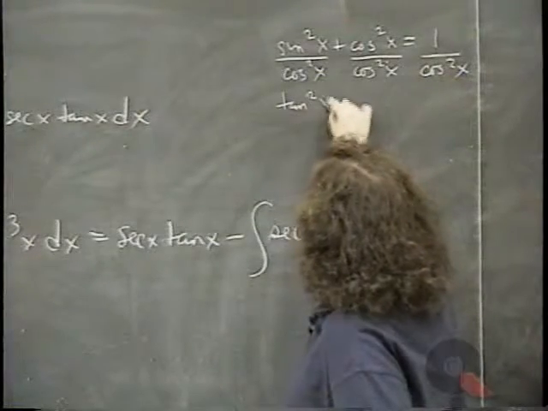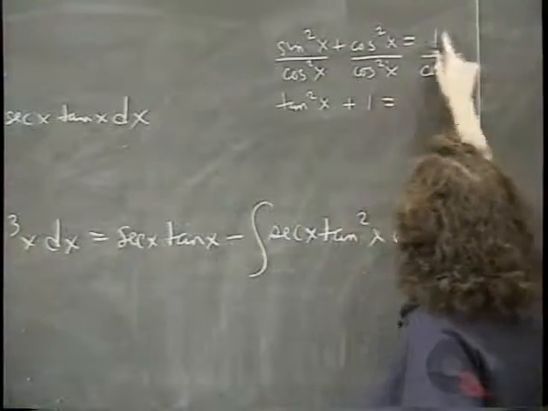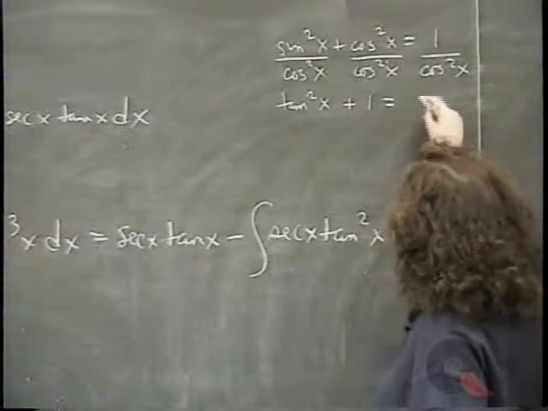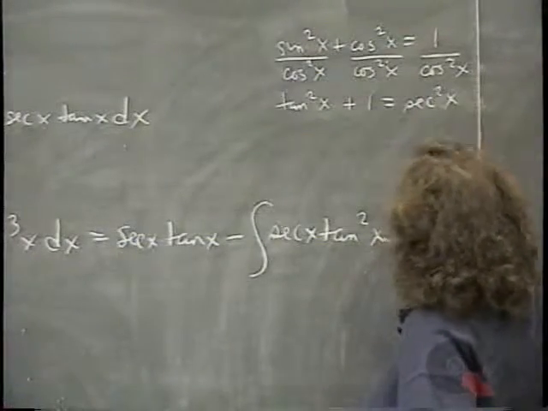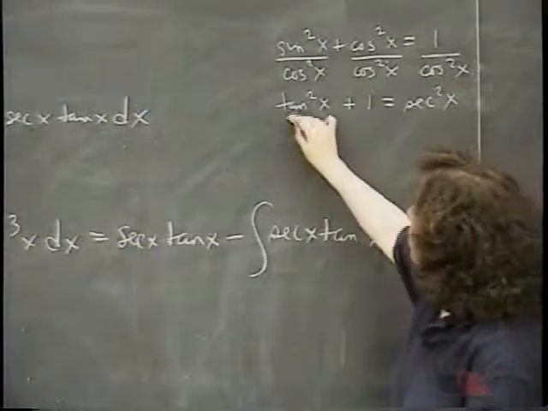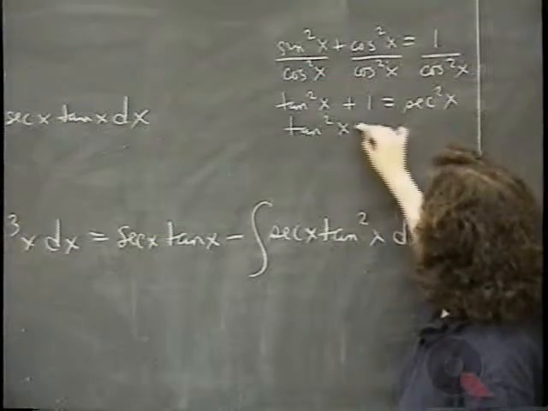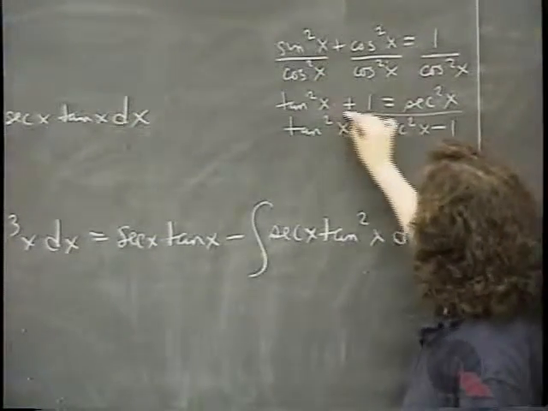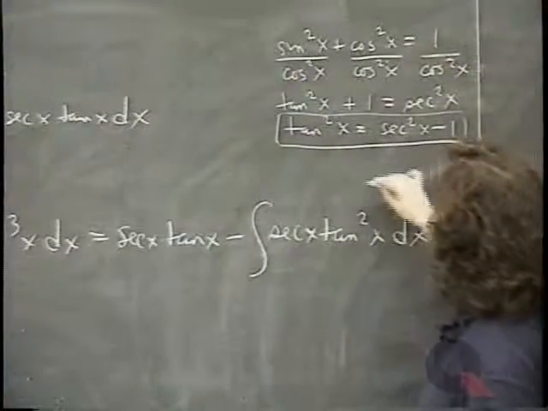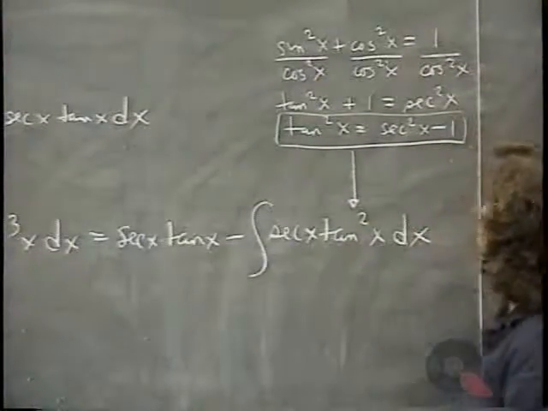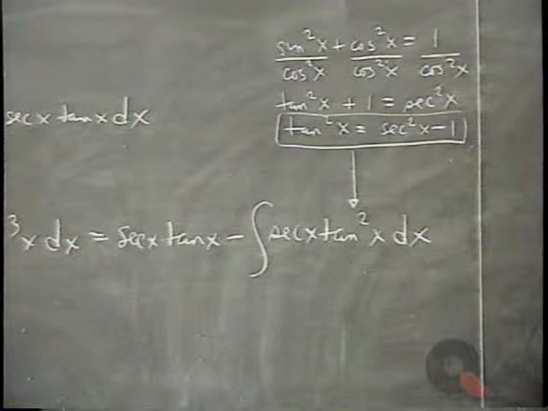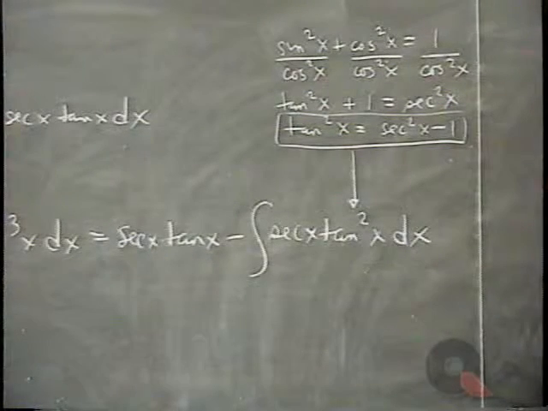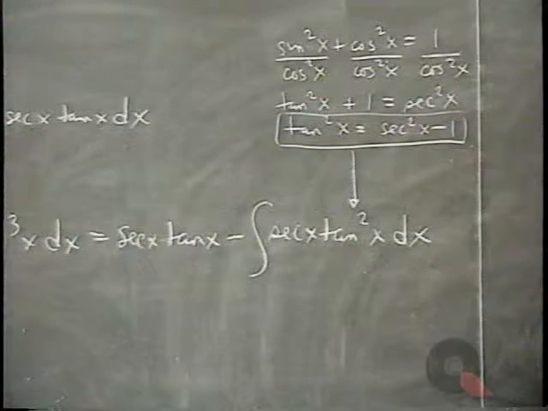Tan squared x plus 1 is 1 over cos squared x, which is secant squared x. Or tan squared x is secant squared x minus 1, which is what I want to employ in here. Why am I doing this? Well, this comes with experience, but it's going to help.